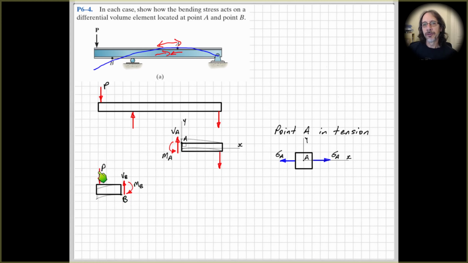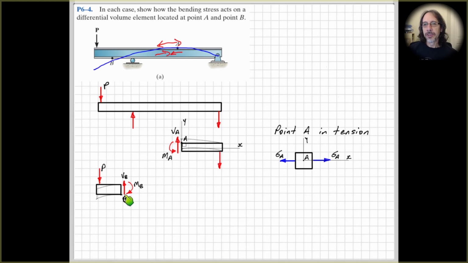So here we can see the force P tending to rotate anti-clockwise about point B, so our moment MB is going to need to be clockwise. If we had been doing a shear force and bending moment diagram problem, and we'd put anti-clockwise as our positive sign convention, we would have got a negative for this moment. But we've just put it on in the actual direction that it's going.